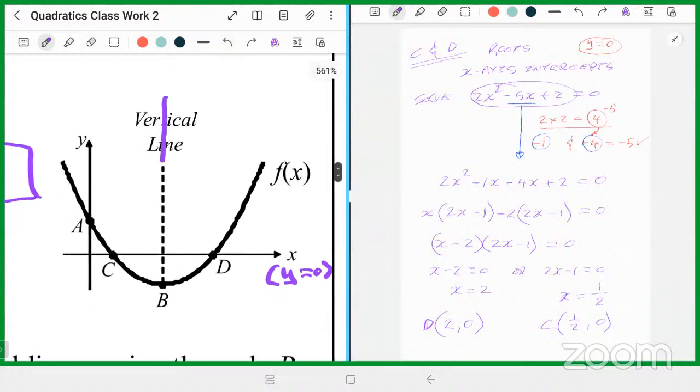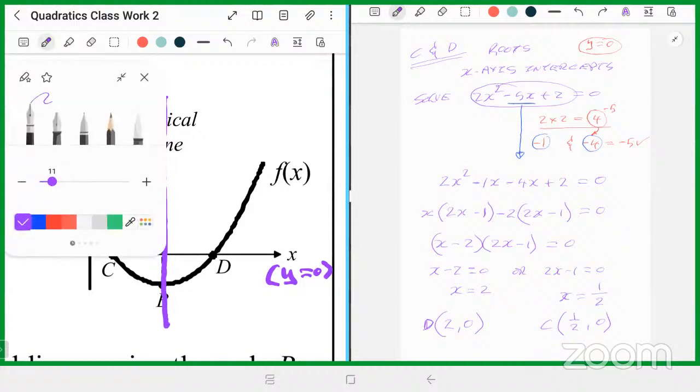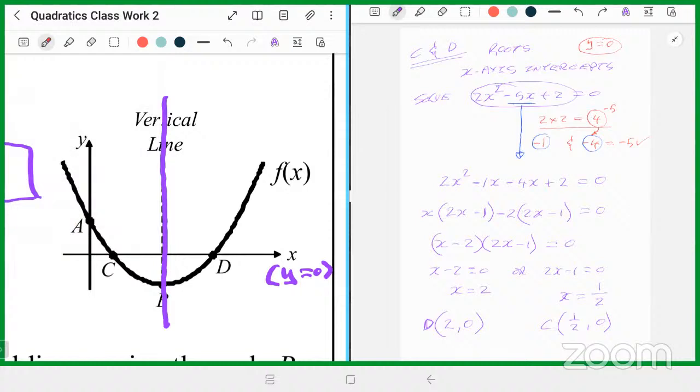What this line does is actually divide the graph into 2 equal halves, such that the half over here is a mirror image of this half over here. And it is such that points on this graph, on this side, are the same distance from the axis as on this side. Any 2 random points.